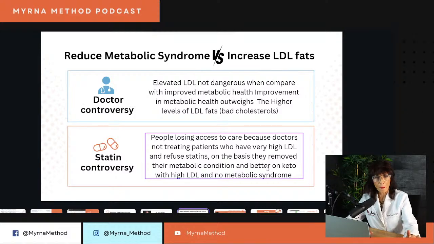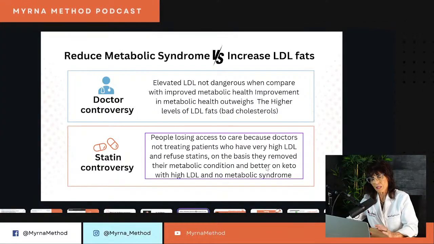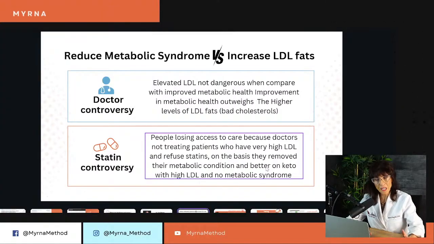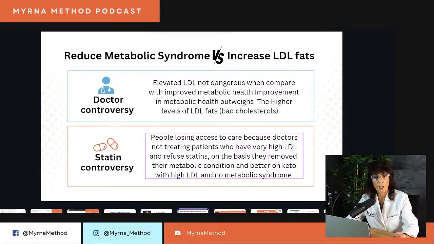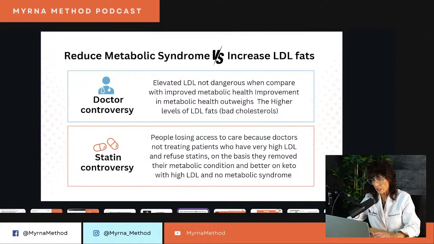I've never been better. And my LDLs are now elevated, but I got rid of metabolic syndrome. And that to me is part of the controversy. But these doctors are getting all upset because they're only seeing the LDL, and they're going, oh, that means you're going to have cardiovascular disease, all this inflammation in the arteries. And to some extent, they're not wrong either.